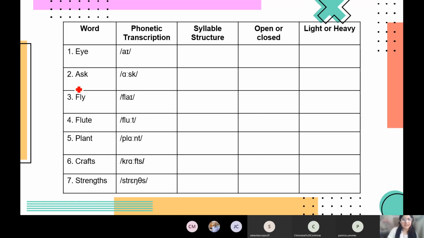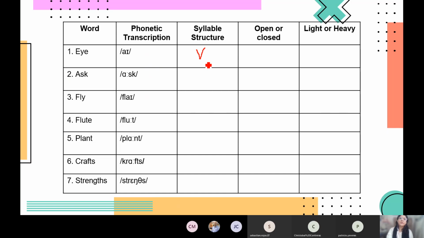In this table, you have to complete with the elements that are present there. For instance, in number one, that's the phonetic transcription, and then in syllable structure, it only has a vowel sound. Therefore, I have to write only a V here, because in the structure of this syllable, only a vowel sound is present.